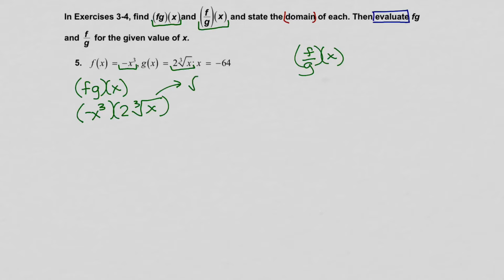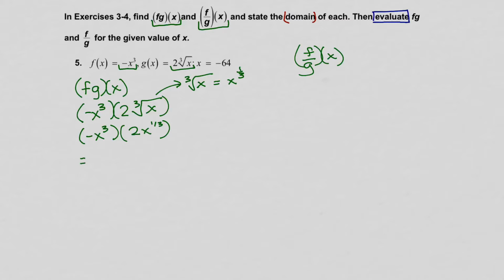We know from previous lessons that the cube root of x can also be written as x to the 1/3 power because of that third root. So let's rewrite this as negative x to the third times 2 multiplied by x to the 1/3 power.